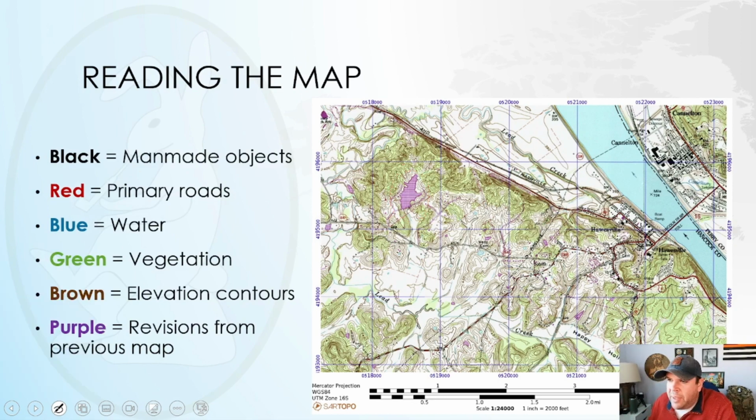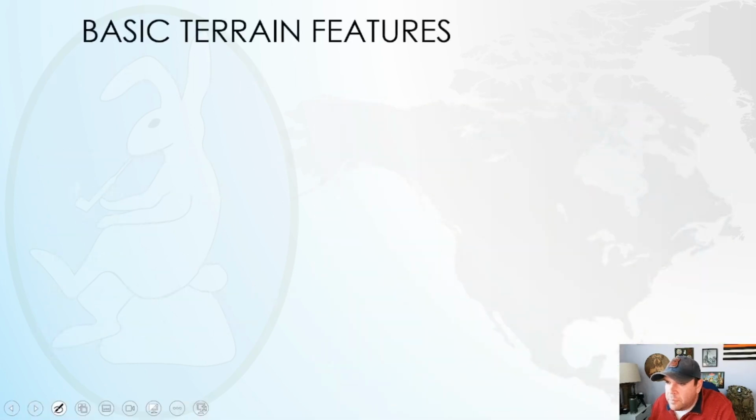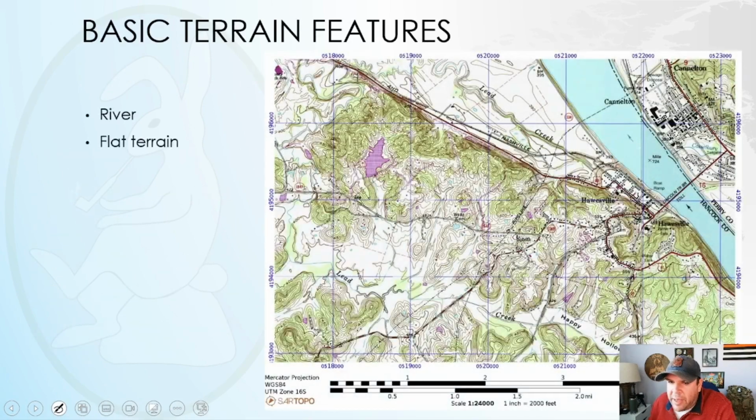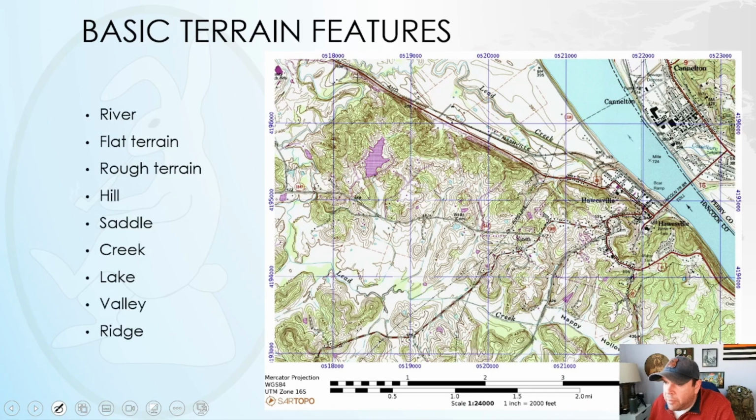So those colors on the map, they mean something to us. And how the contour lines are shaped, they tell us something as well. Like earlier, in a little bit we're going to talk about orienting a map to your location. And to really do that, you need to understand what the map is telling you here.